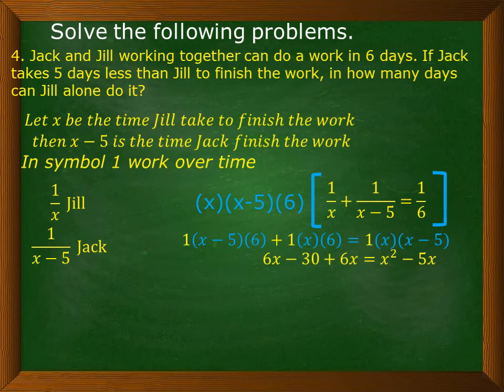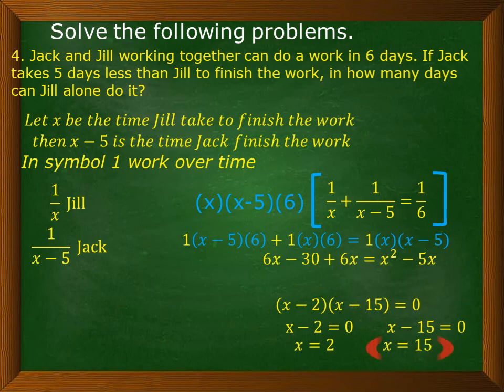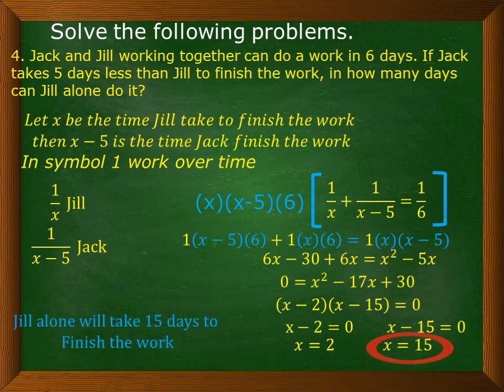Okay, so here we will combine 6x plus 6x because they are similar terms. So you have 12x. Then if you transfer 12x to the right side, it becomes negative 12x. Since you have negative 5x, it becomes negative 17x. There. So 0 is equal to x squared minus 17x.